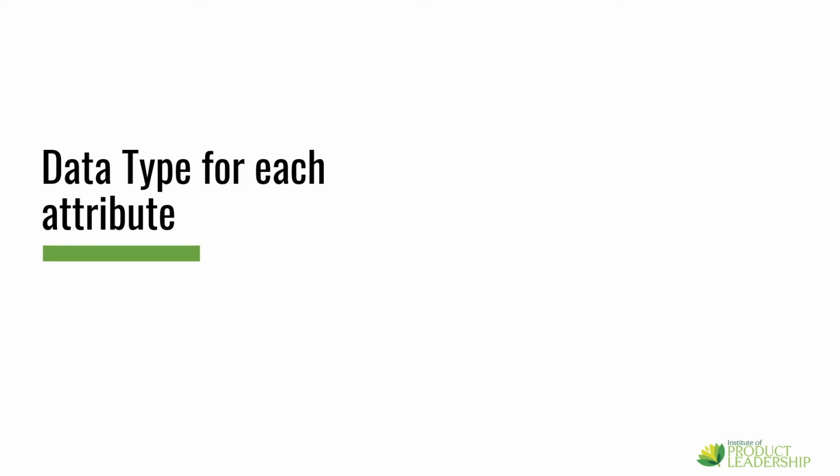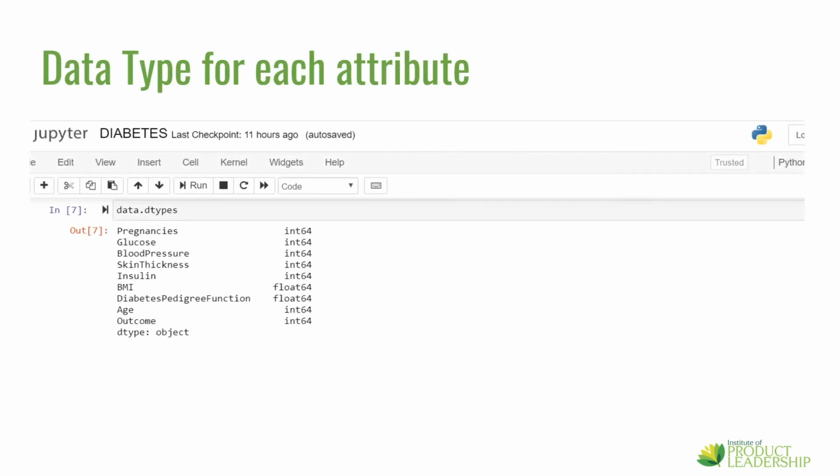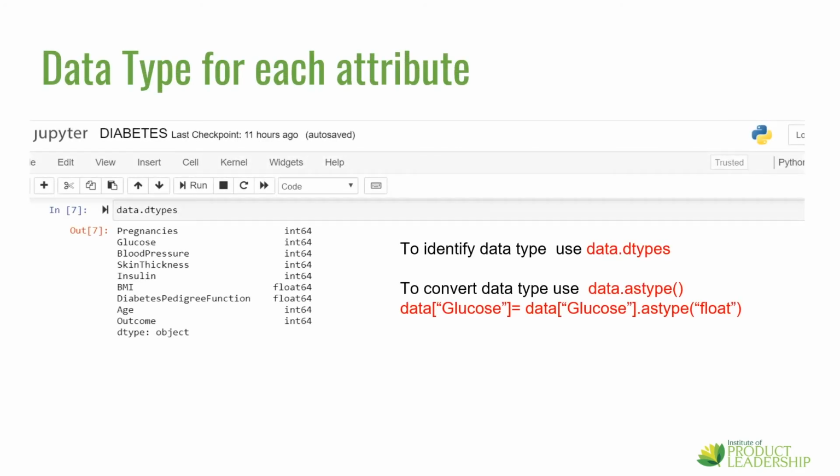Additionally, a numerical value can attain a string type if there are some non-numeric junk values. Let's see how we can perform this in Jupyter Notebook. We will use the Python command data.dtypes to understand the data type of each variable. In this case, all are numeric. We can also change the data type using the command data.astype with brackets as mentioned.